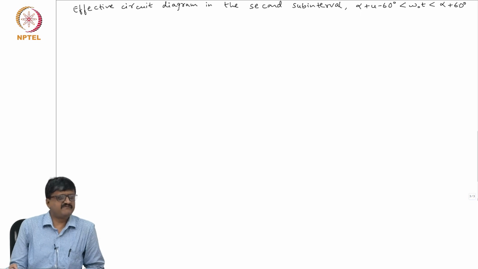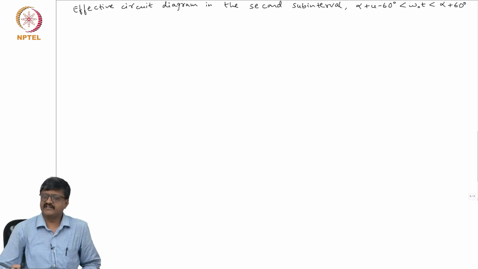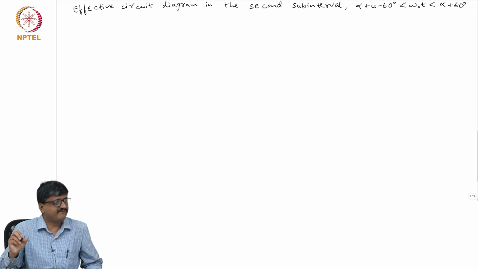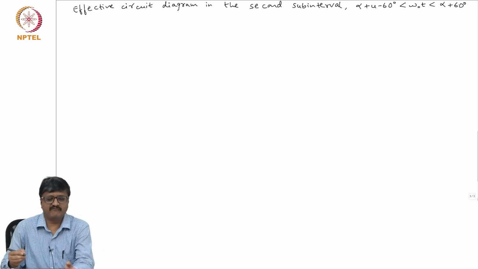So, which are the valves that conduct in the second subinterval? 1, 2 and 3 are conducting. In the first subinterval 6, 1, 2, 3 were conducting; 6 has stopped conducting at the end of the first subinterval. So the valves that conduct are 1, 2 and 3.